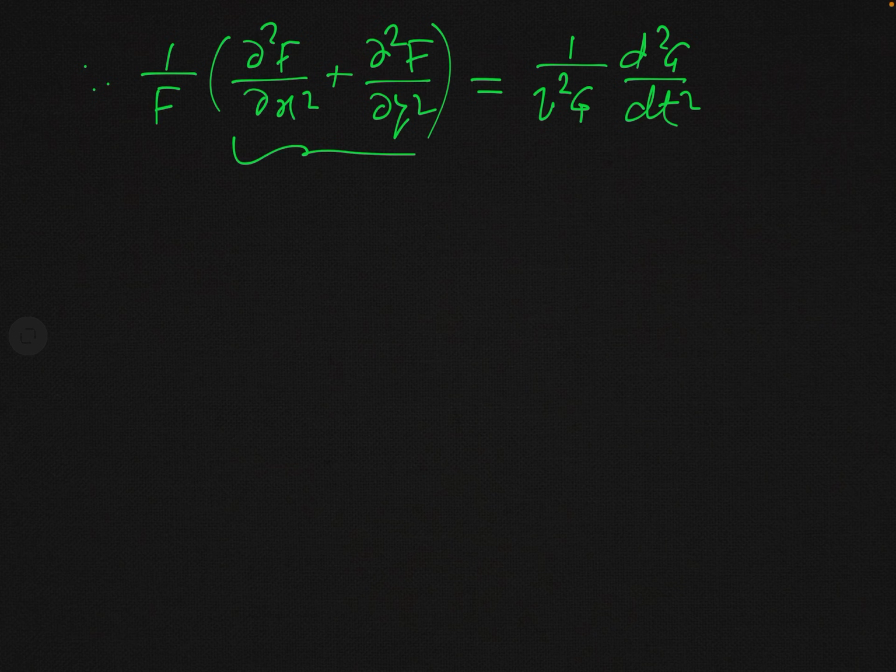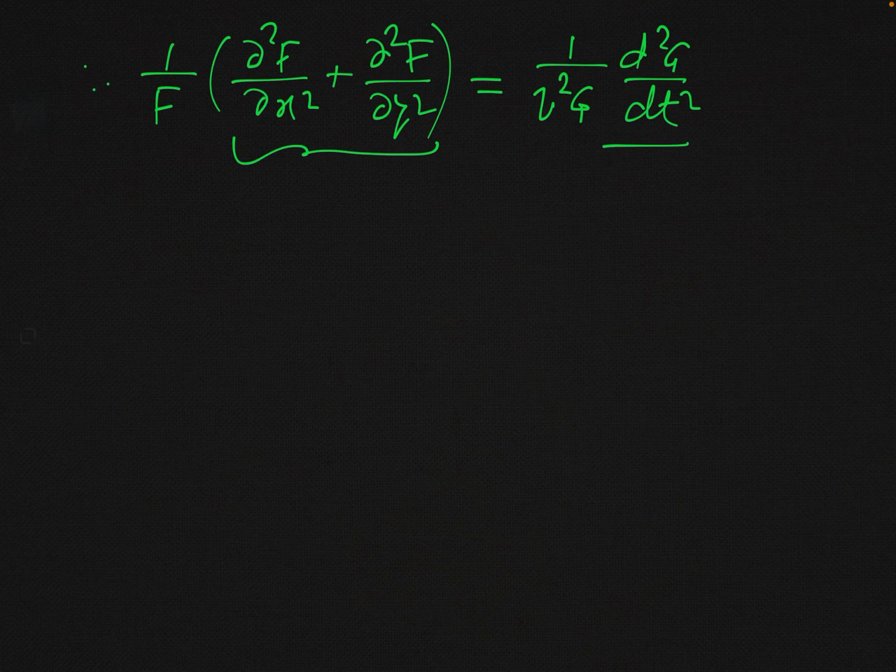But since g is only a function of t, a function of only one variable, there is no difference between the ordinary differentiation and the partial differentiation. So I have used the symbol d2 dt square instead of del 2 del t square.